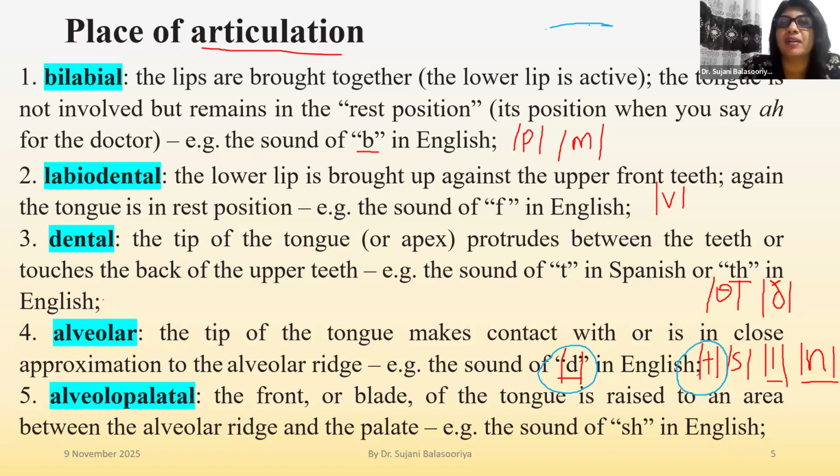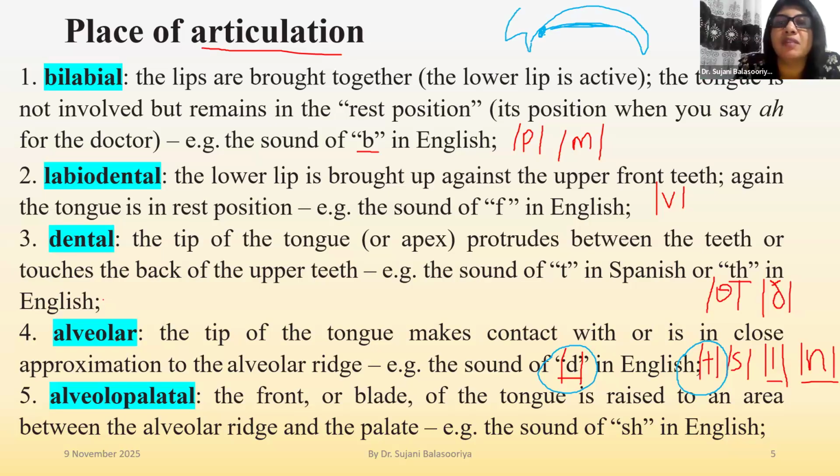And at the end of this curved part, you have the uvula, the small hanging thing. Now this is the hard palate, and you have the alveolar ridge somewhere here, and this is the upper teeth, right? And your nose goes on like that.